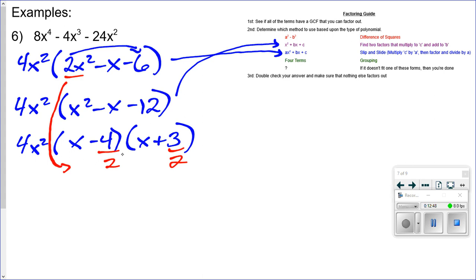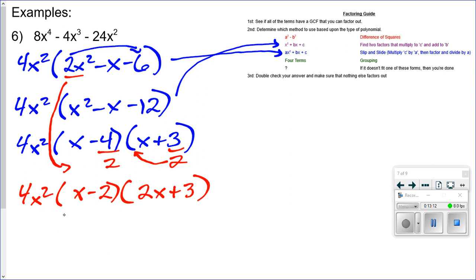You're bringing down this 2. So the 4 over 2 is going to simplify to 2. So it's going to leave me with, I almost forgot my 4x squared. Let's not forget that. So I have x minus 2. You can't simplify this, so I'm going to bring the 2 up next to the x. So it gives me 2x plus 3. It doesn't look like I can do anything else with that, so that's my answer.